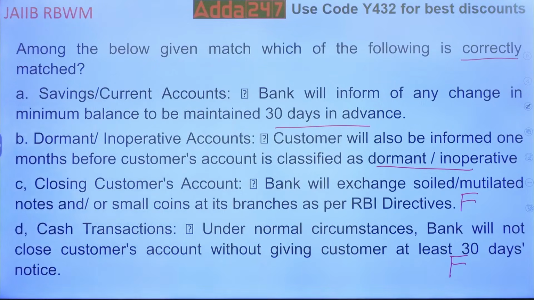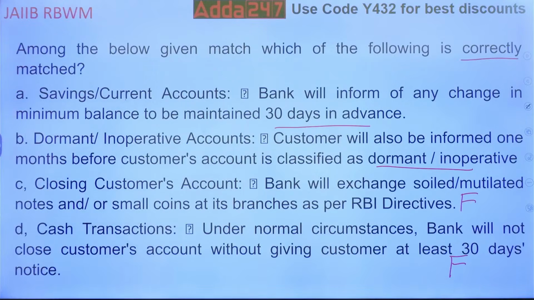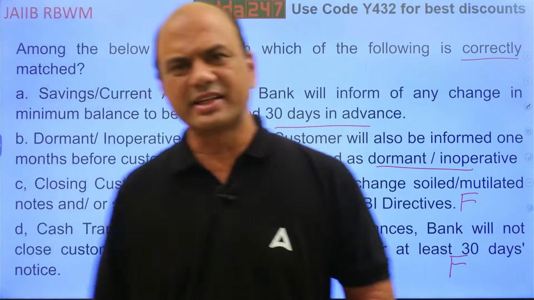Yes, okay, I'll give you the answer. The answer is 30 days. A1. The answer is A. Now about the dormant accounts. See, the answer is A over here.